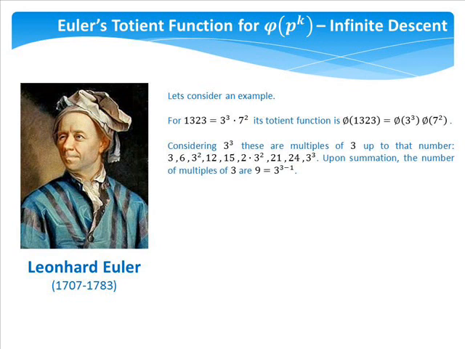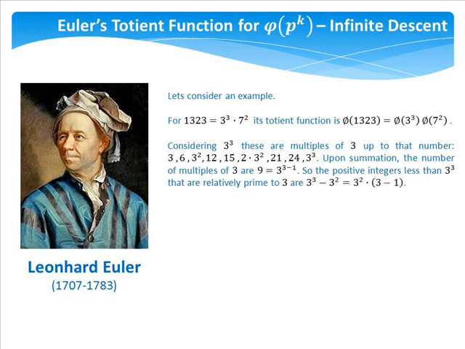Upon summation, the number of multiples of 3 is 9, which is equal to 3 raised to 3 minus 1. So the positive integers less than 3 cubed that are relatively prime to 3 number 3 cubed minus 3 squared, which is equal to 3 squared times 3 minus 1.